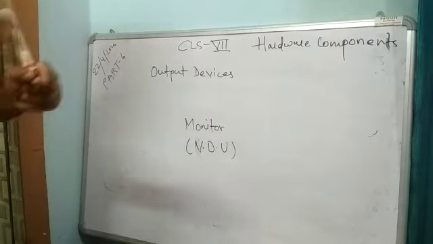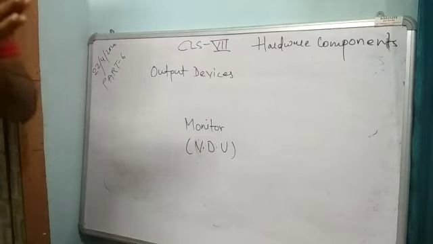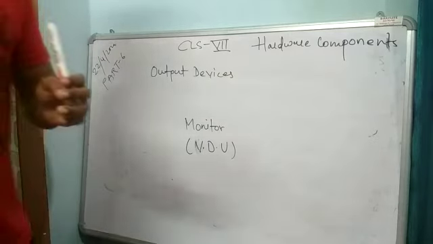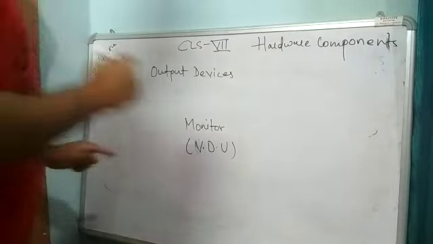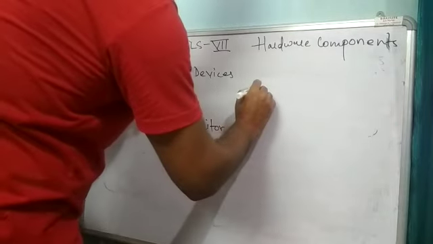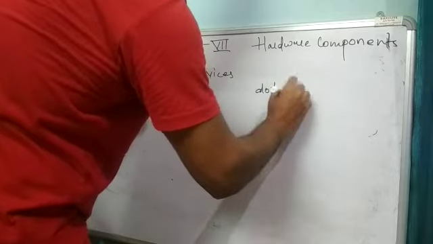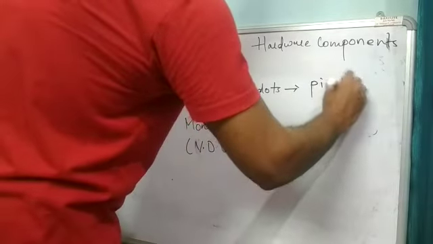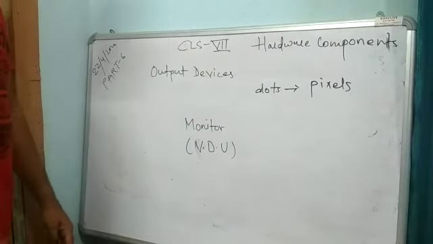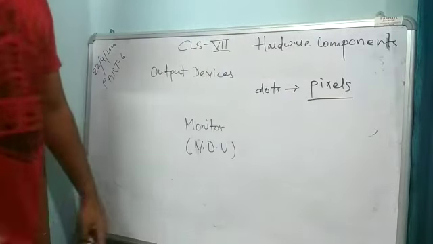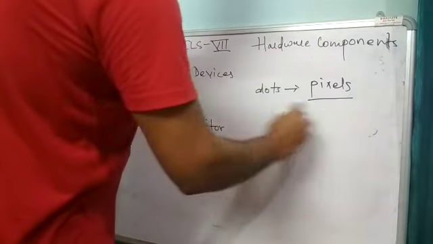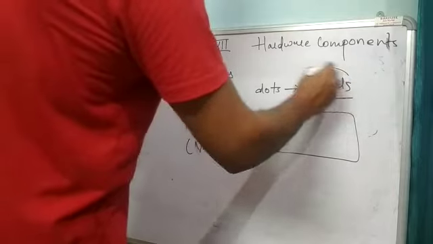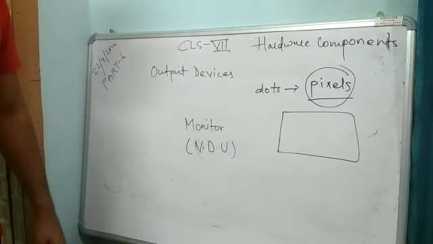Any picture made on the monitor is made up of colorful dots, and those dots are called pixels. Every picture on any monitor is made up of multiple pixels.